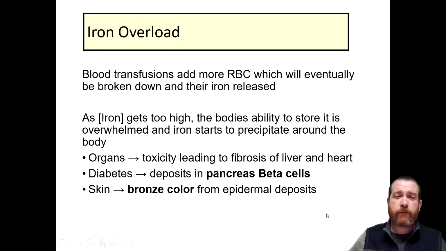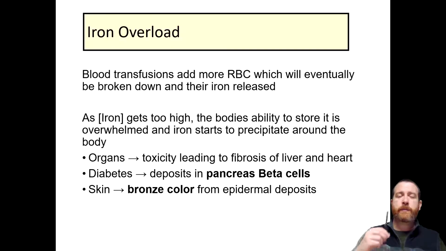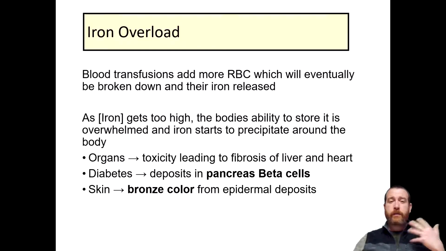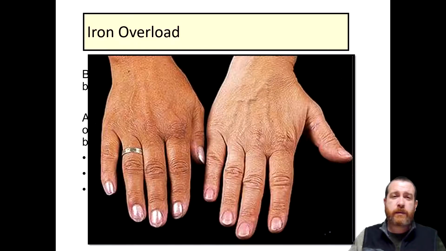But we could have someone that has sickle cell anemia develop diabetes because the pancreas ends up having so much iron precipitated and ends up being slightly toxic to the pancreas itself. A pretty characteristic thing is as the skin starts to have more iron deposited, it starts to look almost kind of bronze, almost like you have a really weird off fake tan, right? That is because of excess iron that's showing up. That's what you're seeing in this patient.